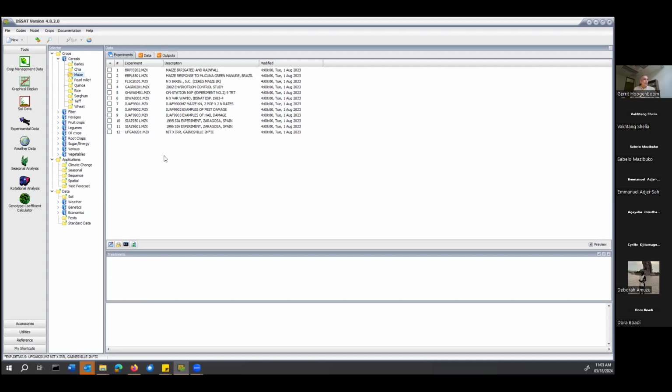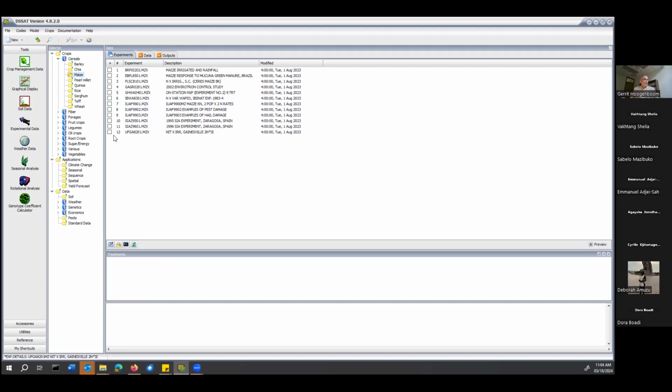We have some crops for which we only have one experimental data set. In this case, for maize, we have 12 different experimental data sets. Many of these are older, but these are very good data sets where we have the daily weather data, crop management, and some observations. The observations are really key to what we're trying to do.